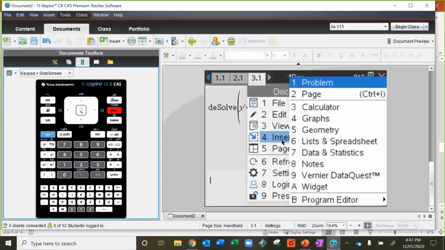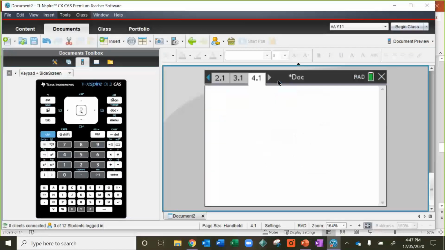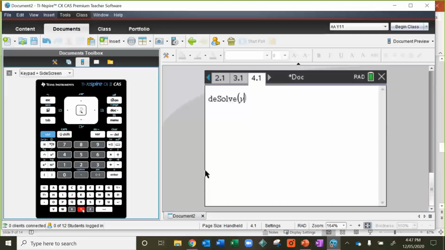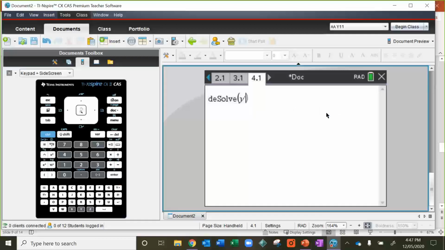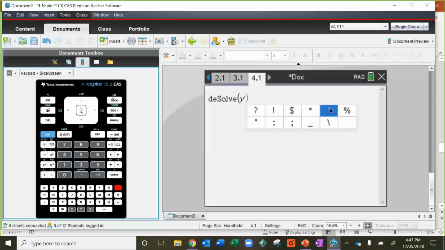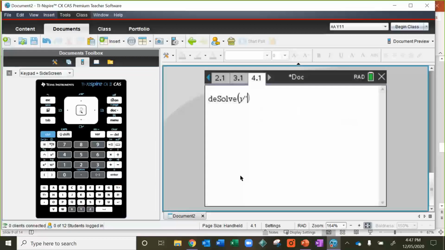I insert another problem, calculator, and again I type it, but you can go menu, calculus, and dsolve. So now I have the second order differential equation. So I go y, and I put one dash, and I go here again, and I put another dash. So I have y two dashes, and the equation was plus y is equal to 3. And that was just the equation.